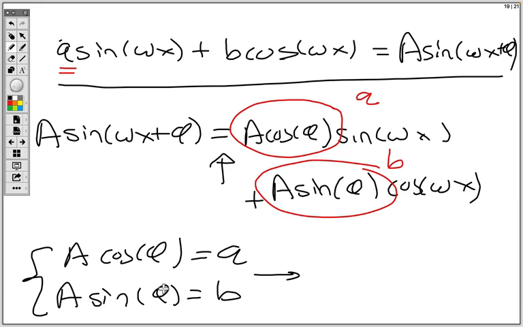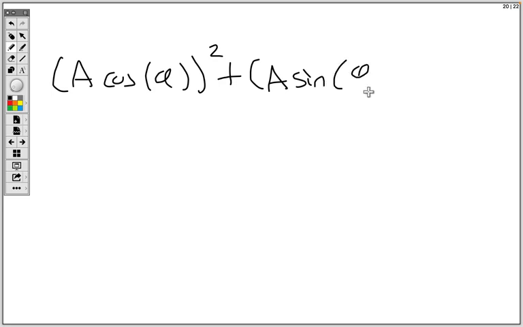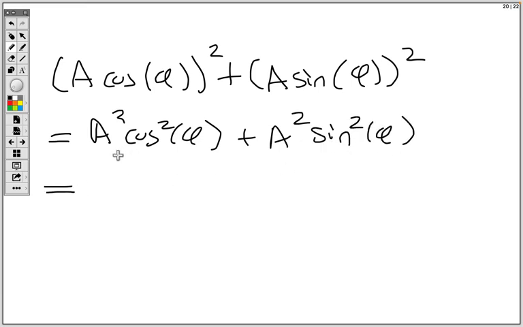and now I can exploit the Pythagorean identity. If I take A cosine phi squared plus A sine of phi squared, then on the one hand, that's going to be A squared cosine squared phi plus A squared sine squared phi, and I can factor out that A squared.